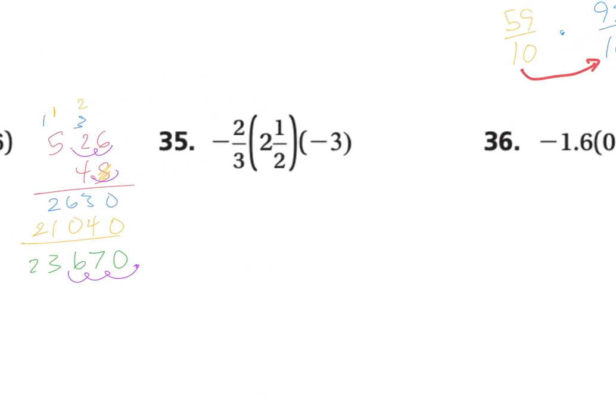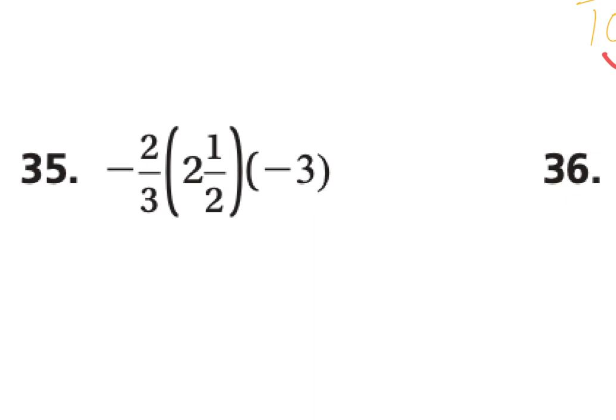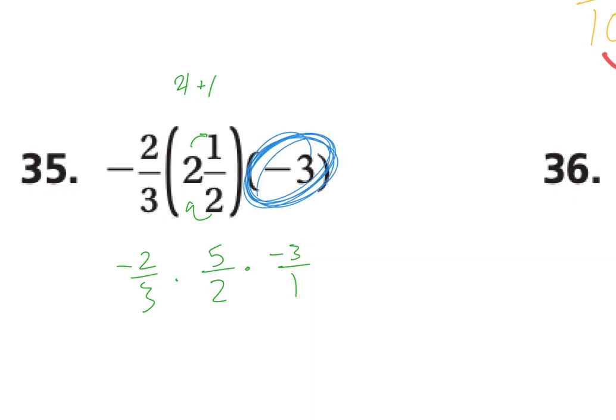That's negative. Ooh, right here, this might seem tricky, but we just have to convert this. 2 times 2 is 4, plus 1 is 5. Negative 2/3 times 5/2 times negative 3 over 1. What? That's really negative 3 over 1.